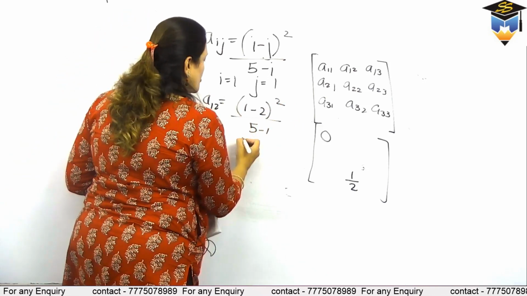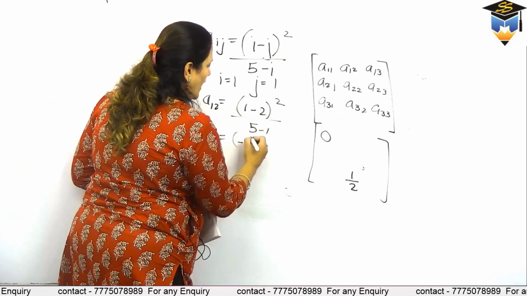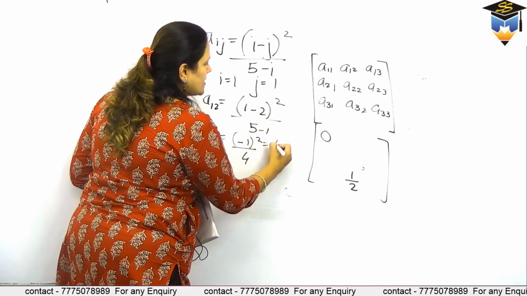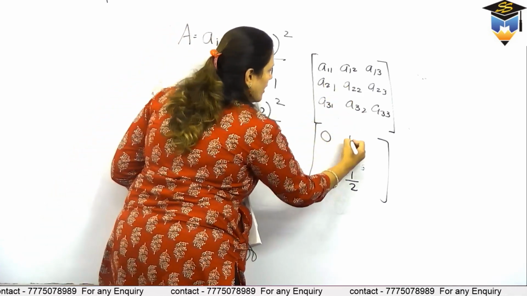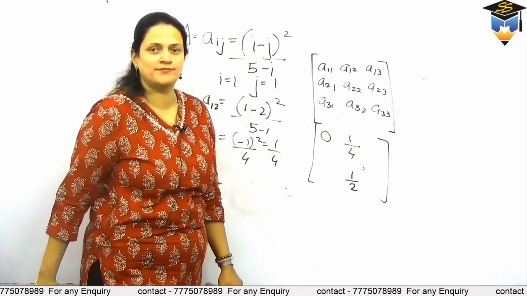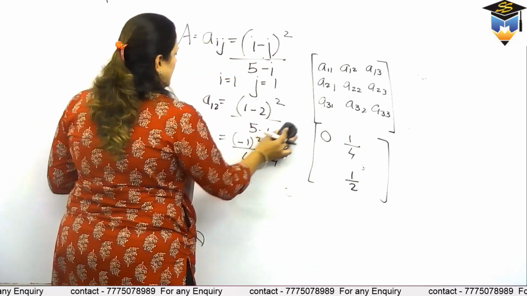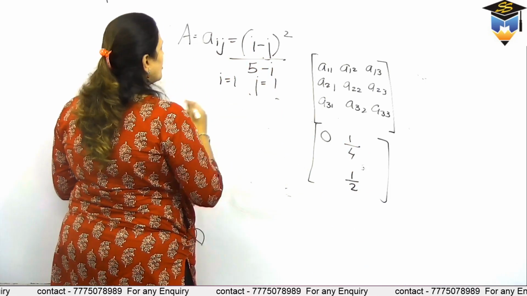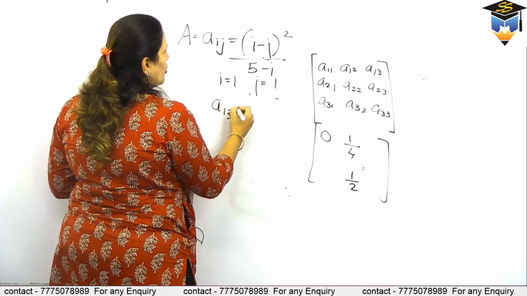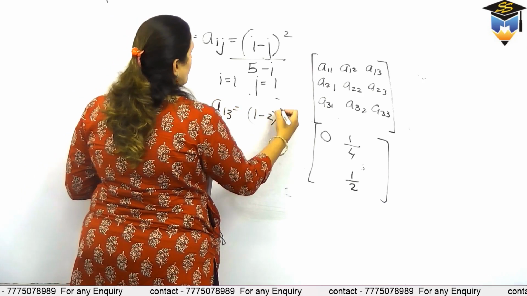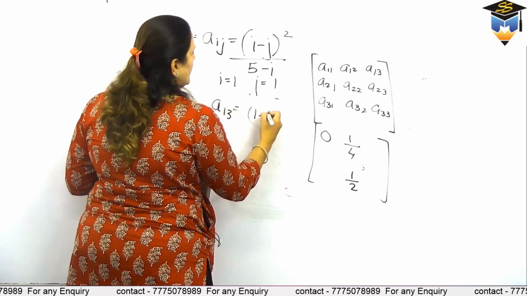So the answer is going to be minus 1 square upon 4, that is nothing but 1 upon 4. So my A12 element is 1 upon 4. Understood? Now the next, A13. Just substitute the value in the given condition to find out the values faster. So A13.